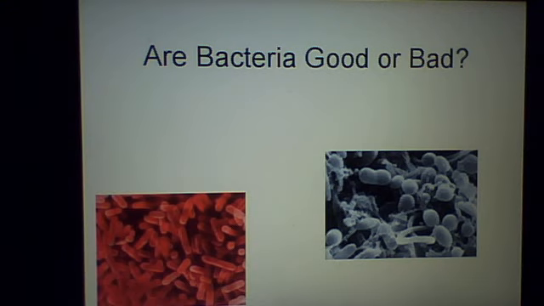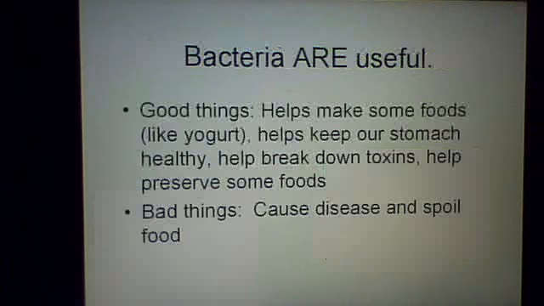Now we come to our question: are bacteria good or bad? Many times we hear people refer to bacteria as bad, but that's not always the case. Bacteria are very useful. There's good bacteria and there's bad bacteria.